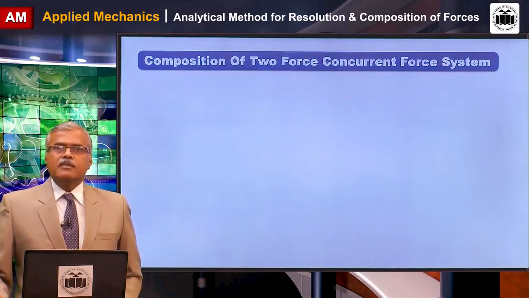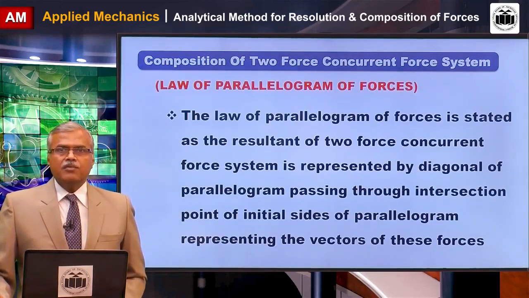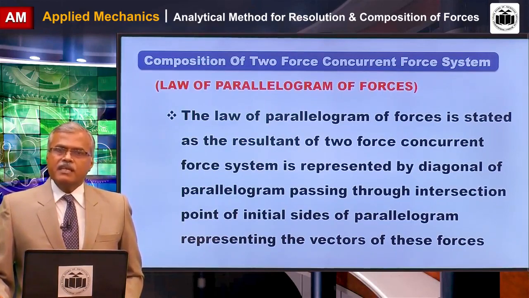This law can be stated as: the resultant of a two-force concurrent force system is represented by the diagonal of the parallelogram passing through the intersection point of the initial sides of the parallelogram representing the vectors of these forces.